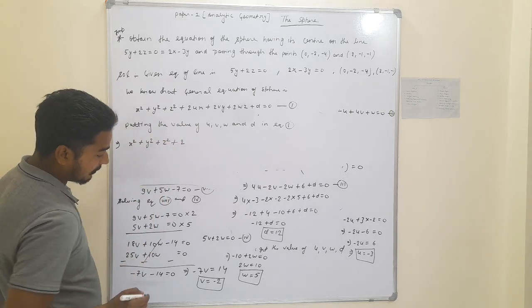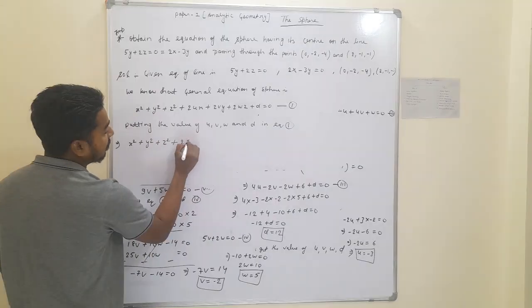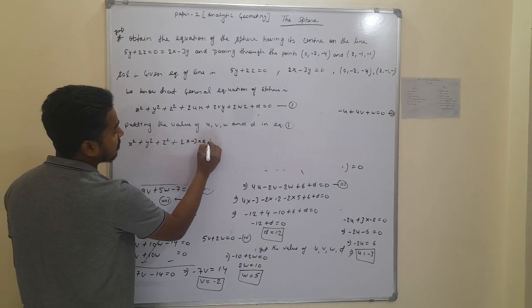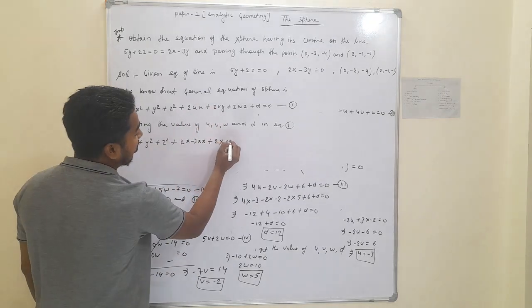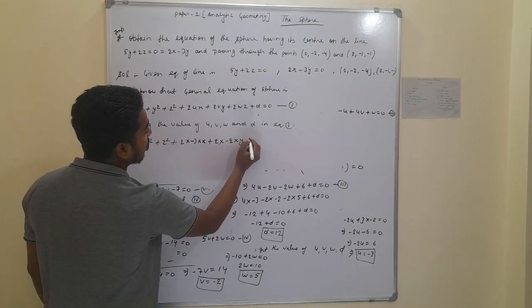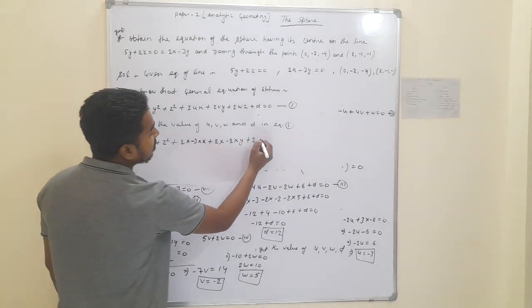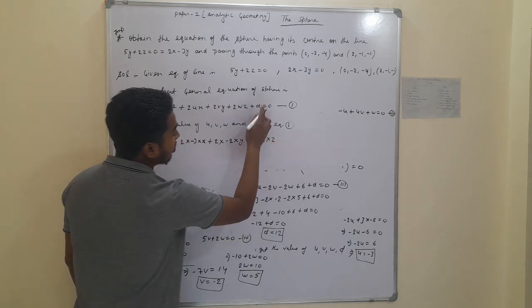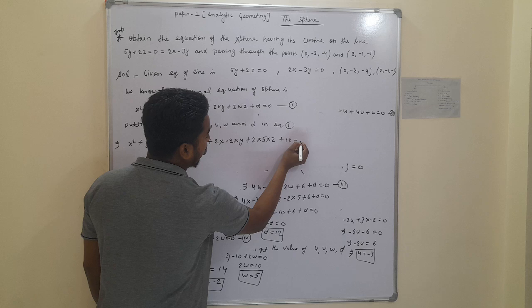Here the value of u is minus of 3, so we put in here minus of 3 into x and plus of 2. Here the value of v is minus of 2, so we put in here minus of 2 plus of 2w. Here the value of w is 5, so putting the value of w is 5 into z, and the value of d is 12, is equal to 0.